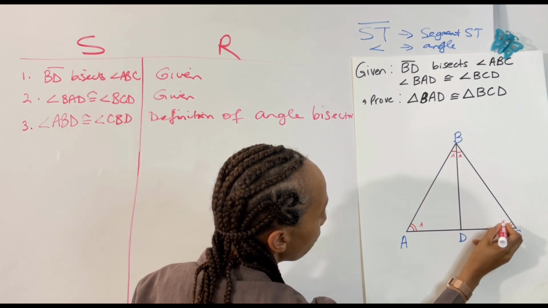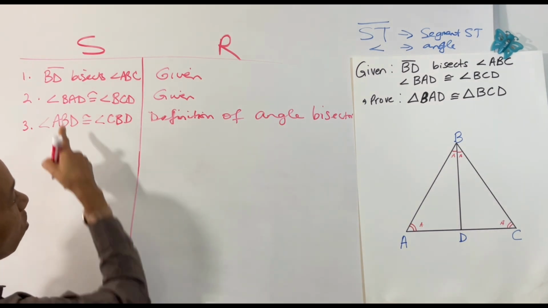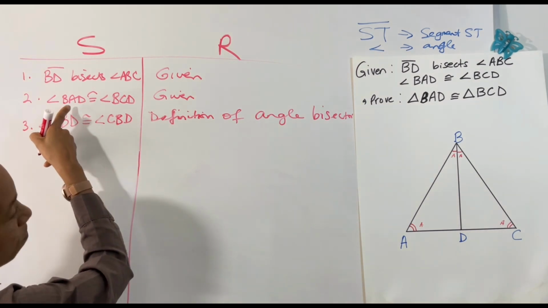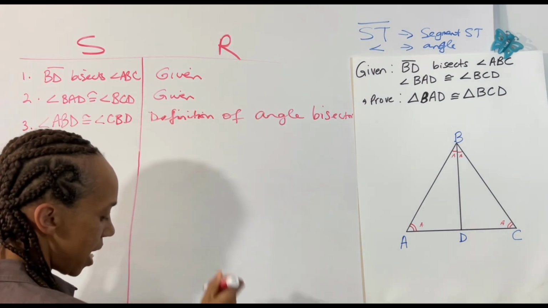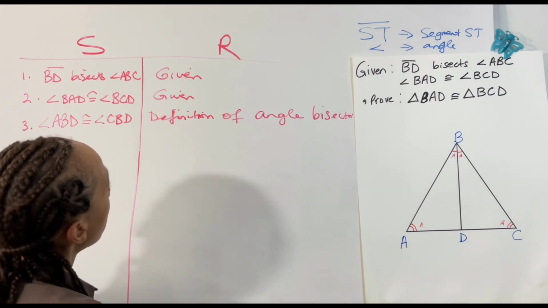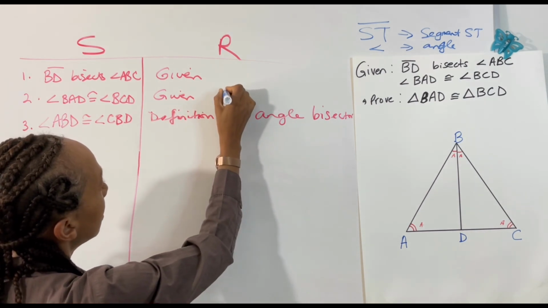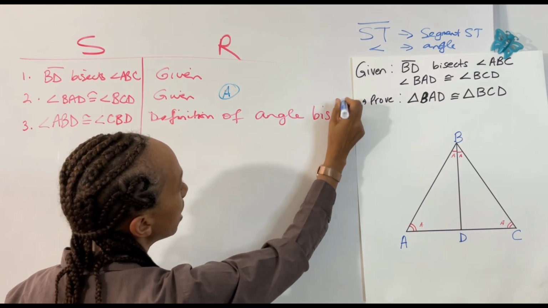You put A there for an angle, and you're going to write it here. And that was our given because angle BAD is congruent to that. Right here, because you know that it is an angle, you can write on here that this is A. This is also A right here.